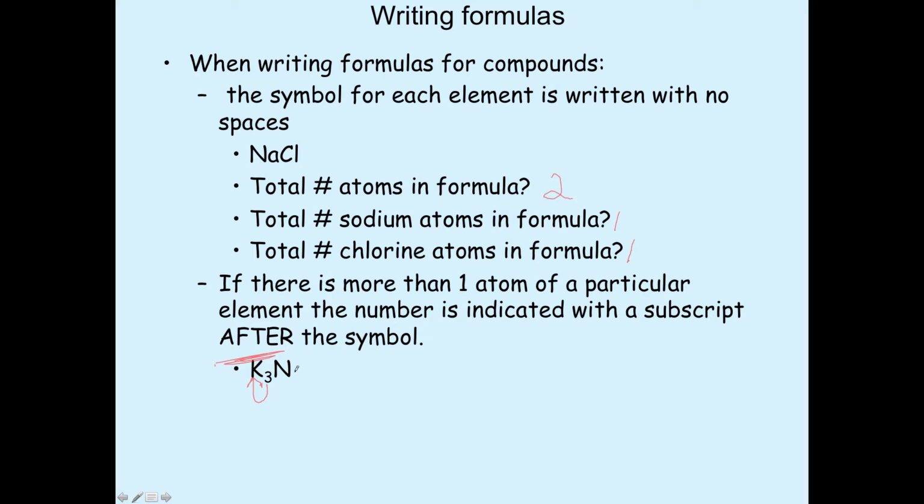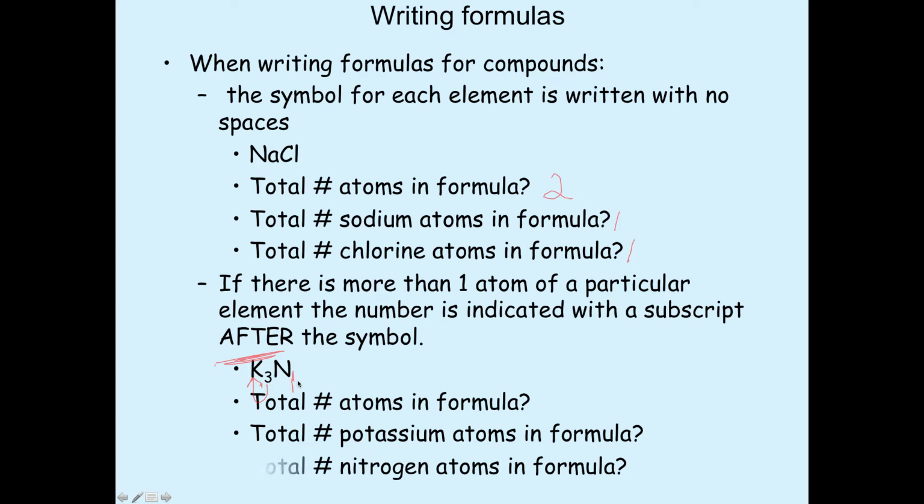Being as there's no subscript here, that's indicative of a 1. There's just 1 of those atoms. The total number of atoms in this formula is 4. We have the 3 here and 1 here. There are 3 potassium atoms, and there's 1 nitrogen atom.